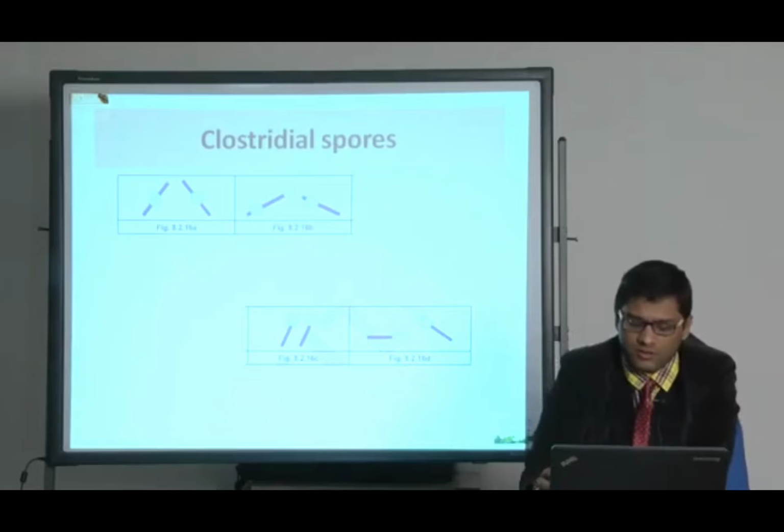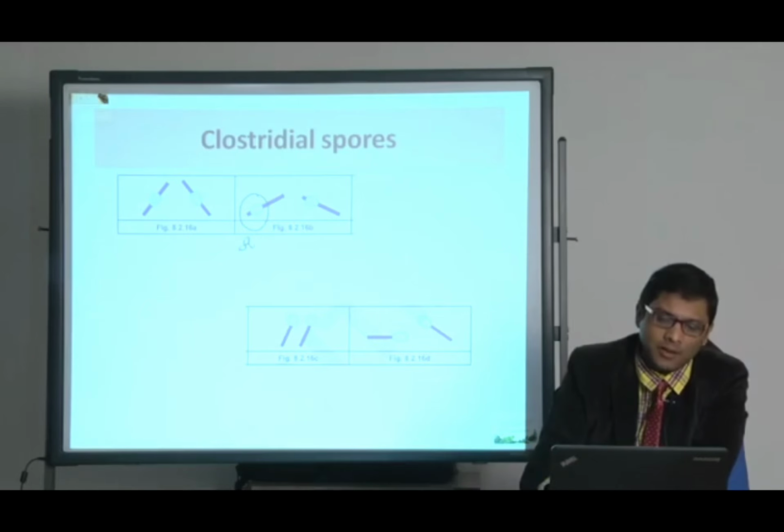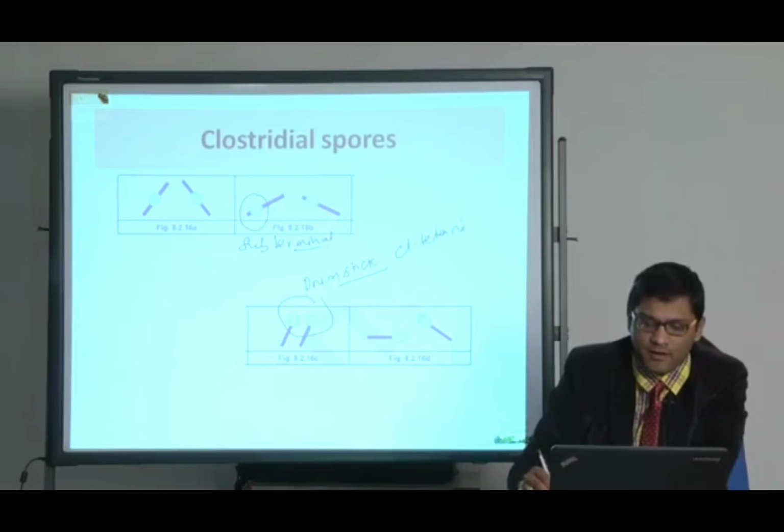Okay. Next is Clostridium. There are various arrangements of Clostridial spores. In most Clostridium, the spore arrangement is subterminal. This is the most common form. Terminal and round gives rise to drumstick appearance seen in Clostridium tetani.